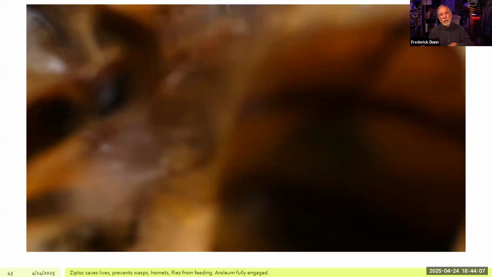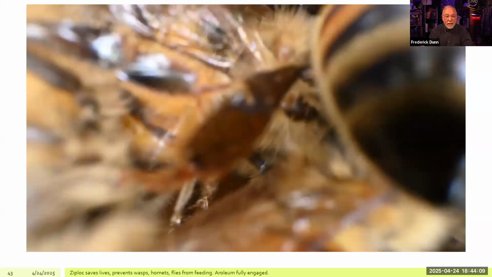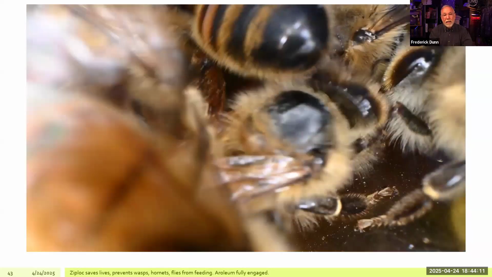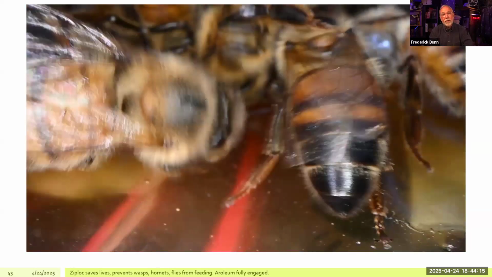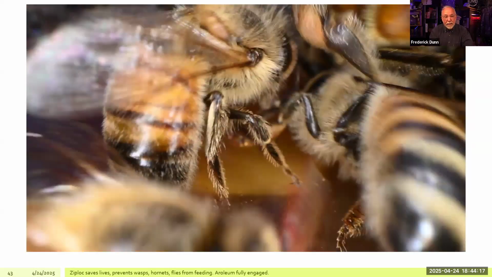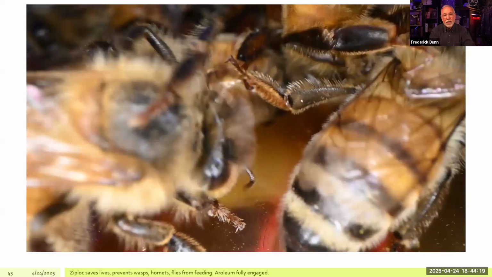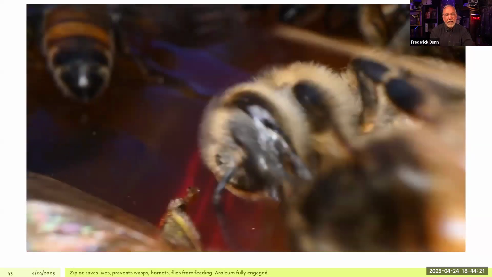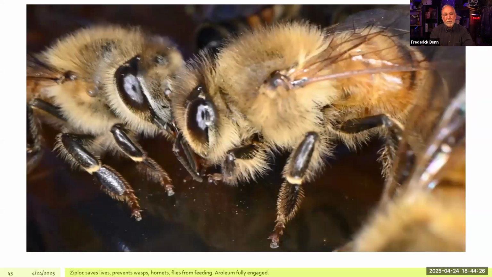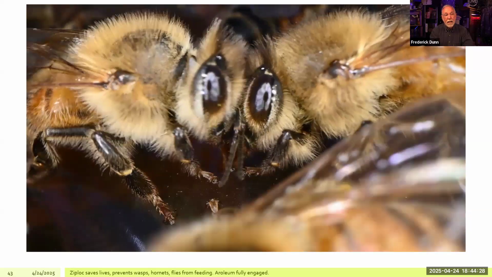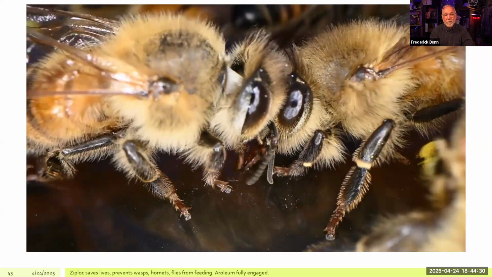When we see their feet up close, we know that they have 4 claws at the end of their foot. But when they get onto a smooth surface, like a window, your kitchen window preferred, or a Ziploc baggie like this one, notice that there is a little pad that is sticking down in between their claws. So the claws actually move out of the way so that pad can make contact, and that is called the arolium.